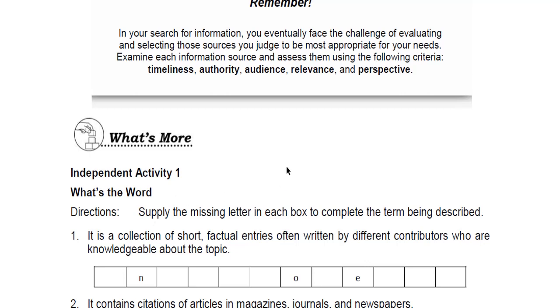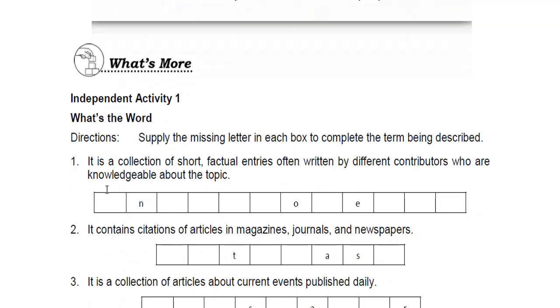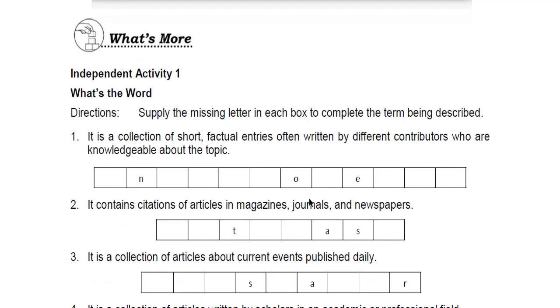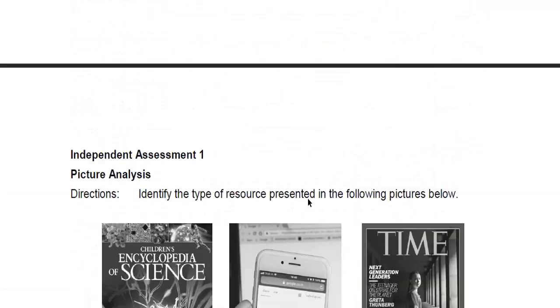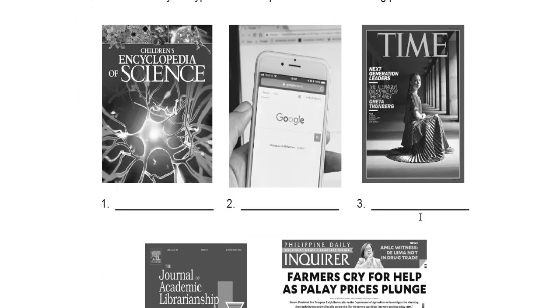Okay, so for today's task, I would like you to answer all the activities under What's More. We have here the independent activity. All you need to do is supply the missing letter based on the types of sources. Independent assessment number 1: we have here pictures. Try to identify the type of resource.